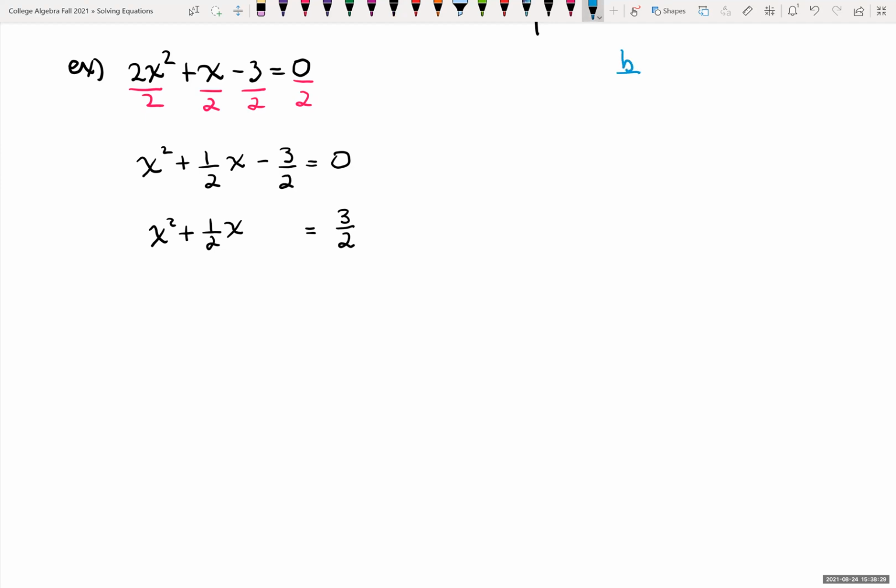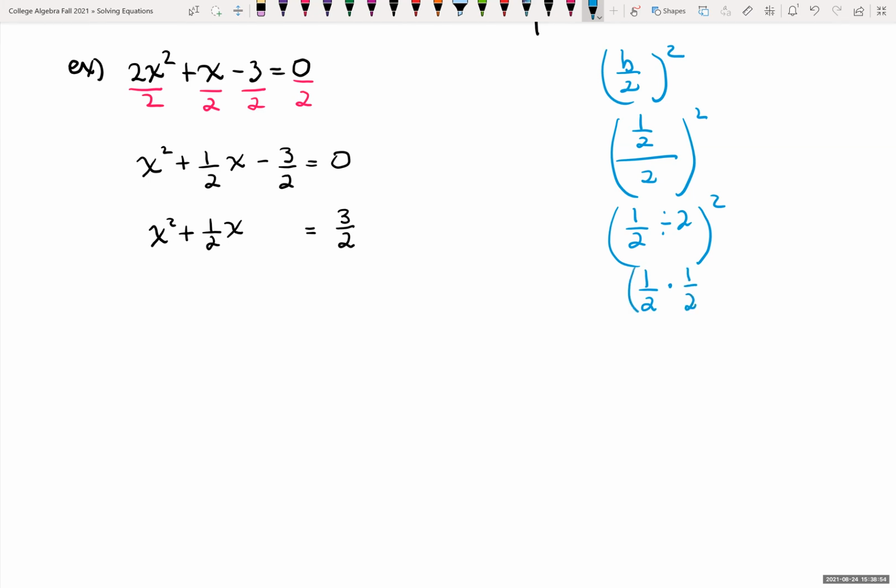So we're looking at b over 2 quantity squared. And so in our case, this is 1/2 divided by 2 quantity squared. Or think of it as 1/2 divided by 2, division with fractions. We take the first fraction times the reciprocal of what you're dividing by, which is 1/2. Quantity squared.